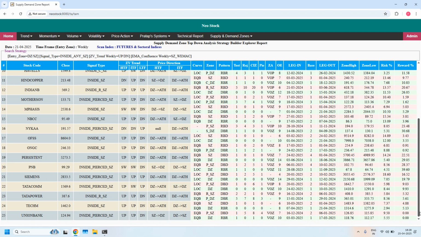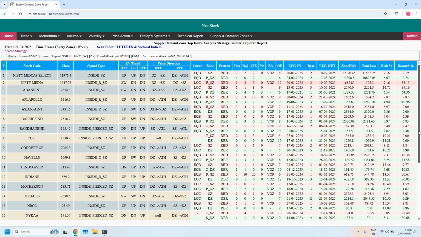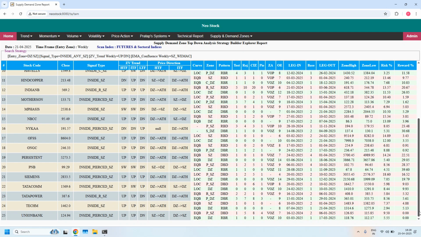So we got total 25 stocks. First 16 stocks in the list. Scrolling the list down. Total 25 stocks are filtered.